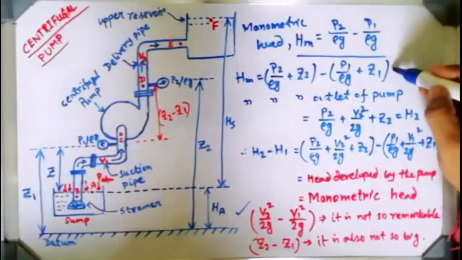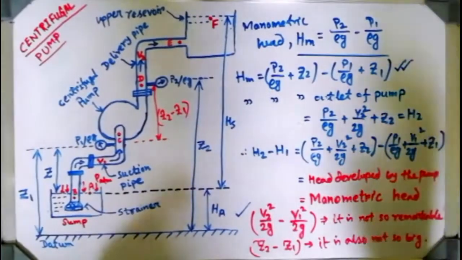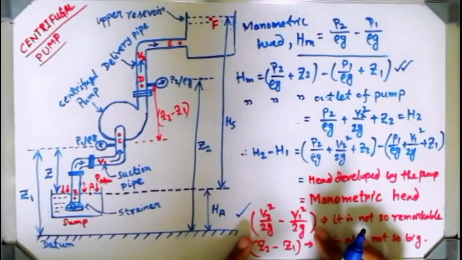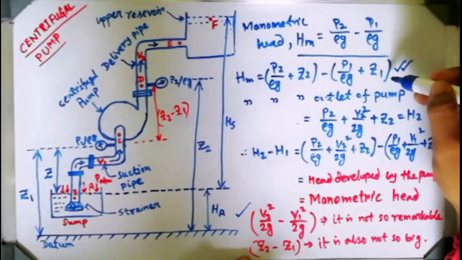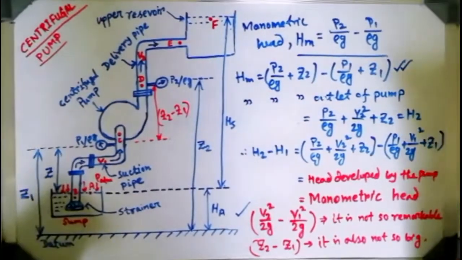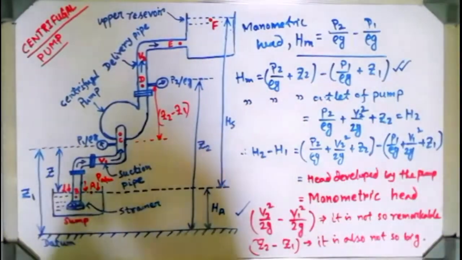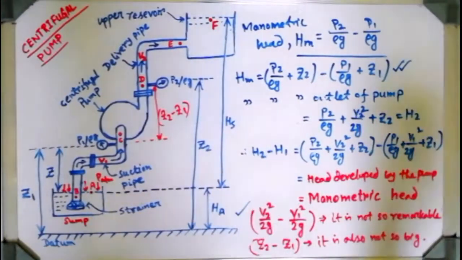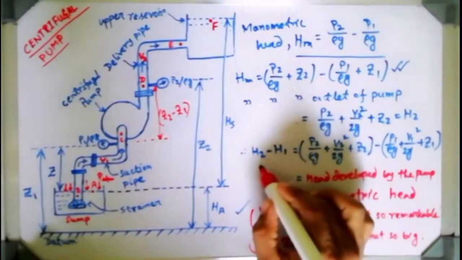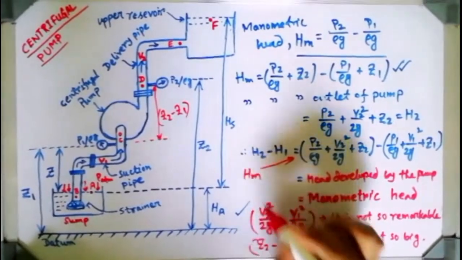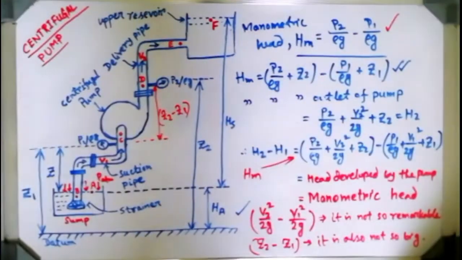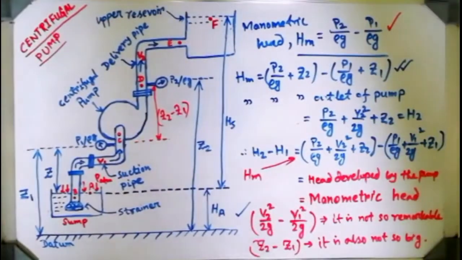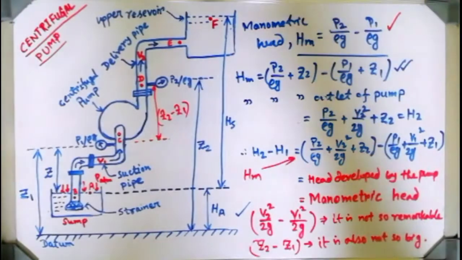I can write this expression if we ignore the difference of velocity head, but I haven't ignored the difference of elevation head. Why am I giving these three kinds of expression? Check. One I have written is the manometric head, HM. Again writing this one, again writing this one. Depending on the data given to you, we have to select any one of them.